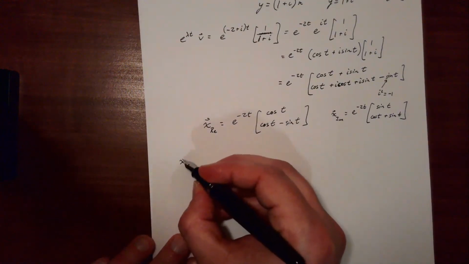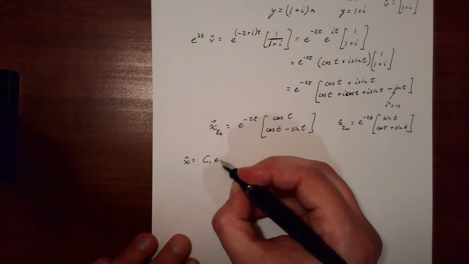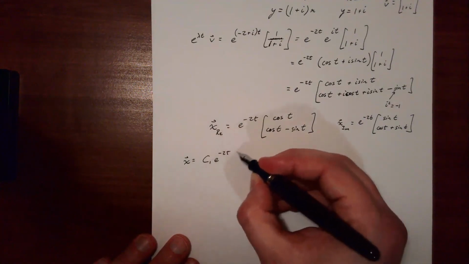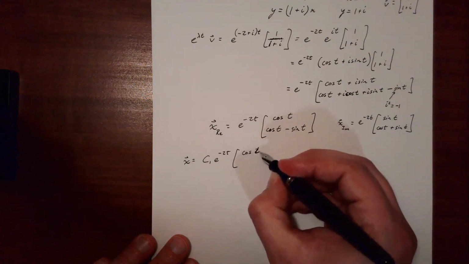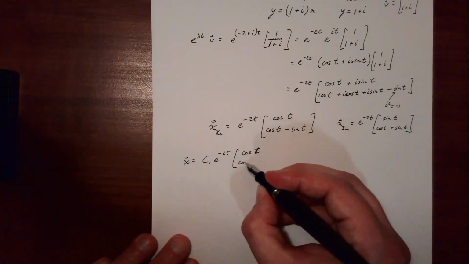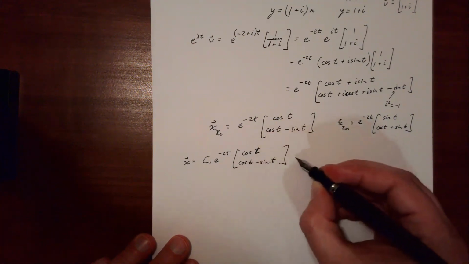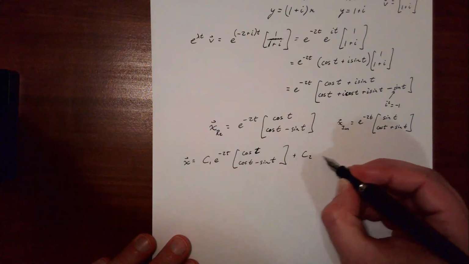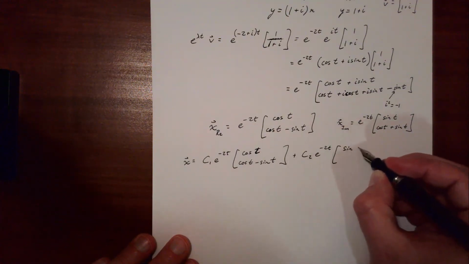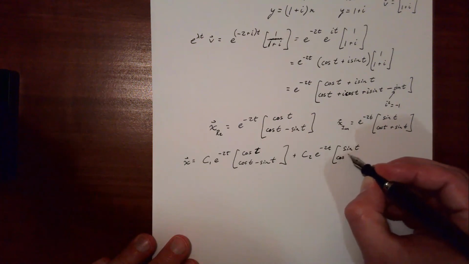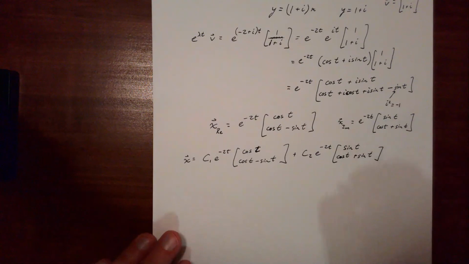And then that means that our general solution here is going to be c1 e to the negative 2t times cosine t, cosine t minus sine t, plus c2 e to the negative 2t times sine t, cosine t plus sine t.